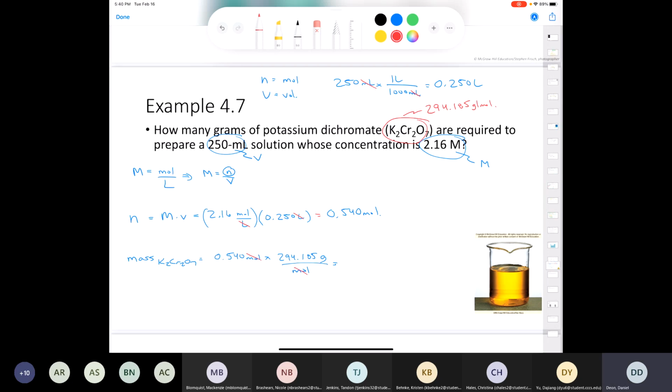Moles cancel. Am I the only person who punches things in their calculator incorrectly? I think I might be. All right, so we get 85.8 grams. Oops, did I make a mistake here?